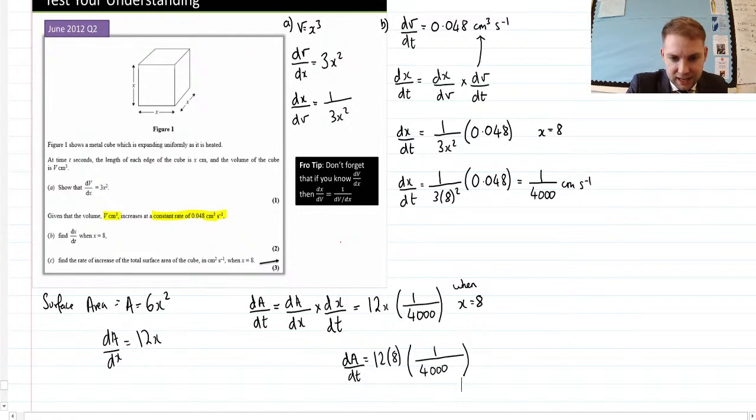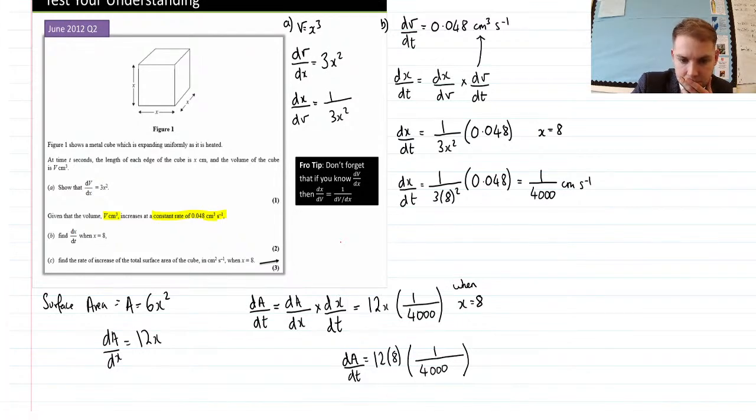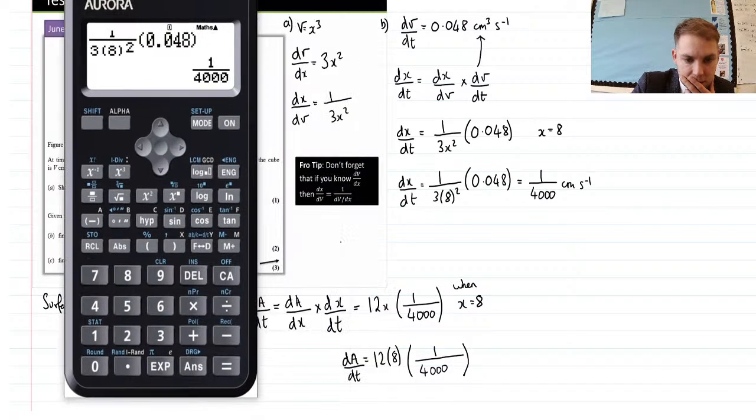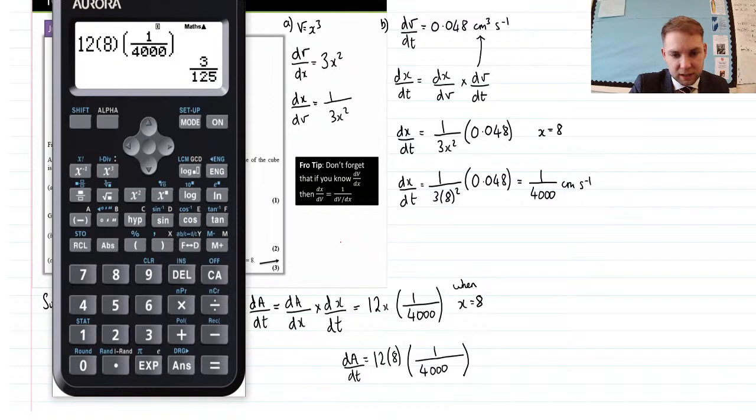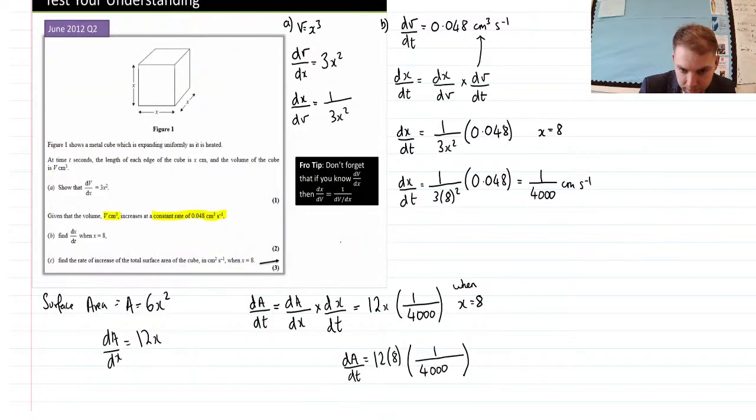Let's work out what that is. Last little part. So 12 times 8 times 1 over 4,000 is equal to 3 over 125, and keep it like that.